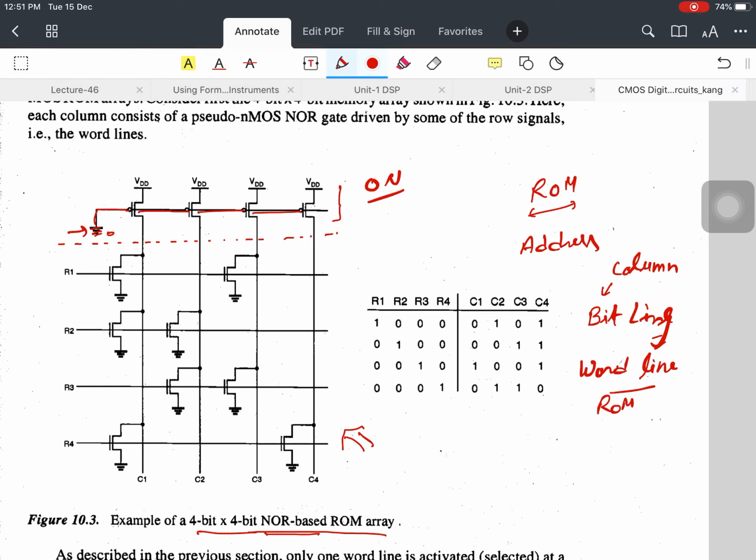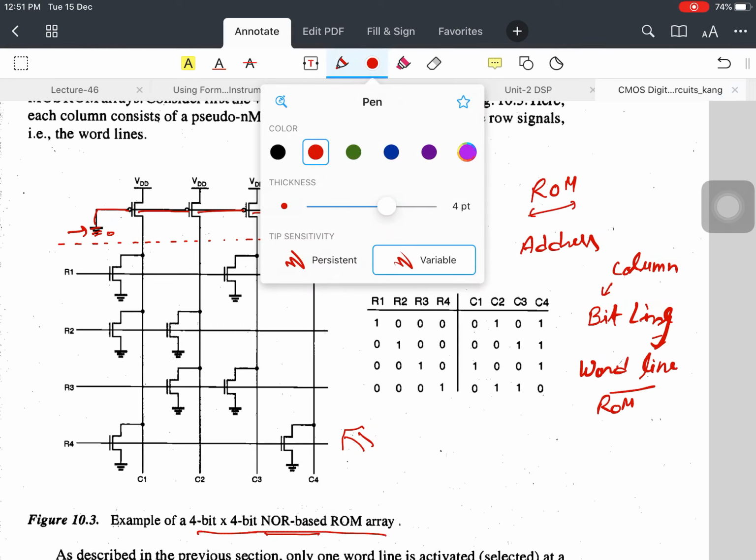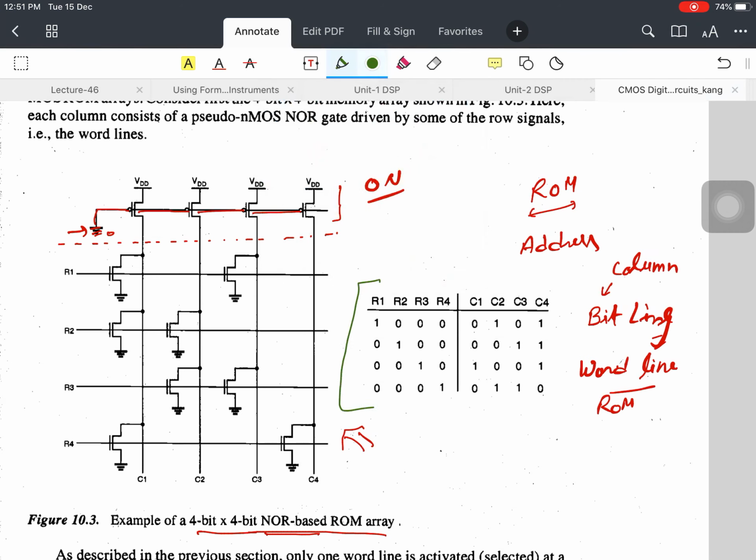Now, based on R1, R2, R3, R4 and C1, C2, C3, C4, you can find out the value at a particular location. Here a table is shown, and we will verify this truth table. Suppose you want to select R1, that is your word line.